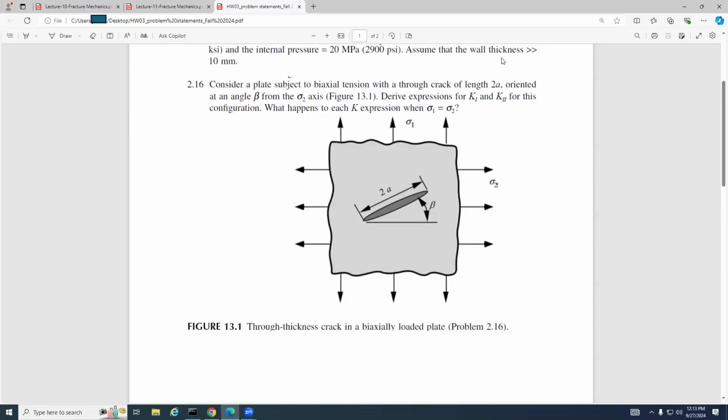Similarly, if we do not take care of sigma 1 and only take care of sigma 2, this sigma 2 is also not perpendicular to this crack plane. So because of sigma 2 alone, we will also have K1 and K2. So we just use the superposition principle.